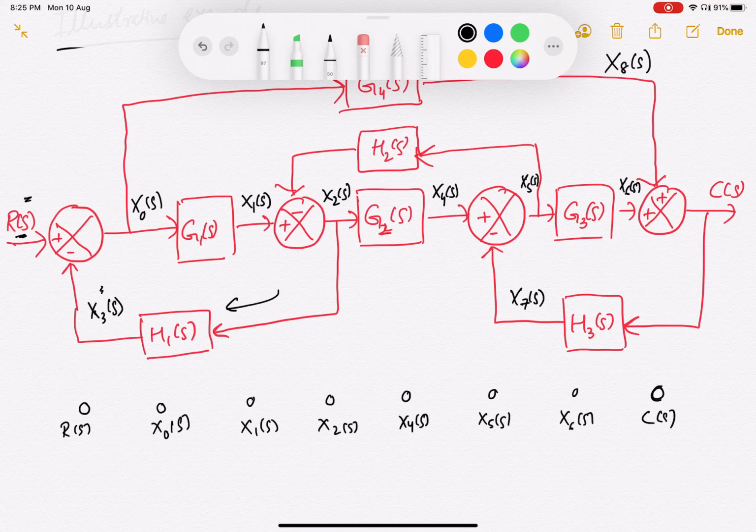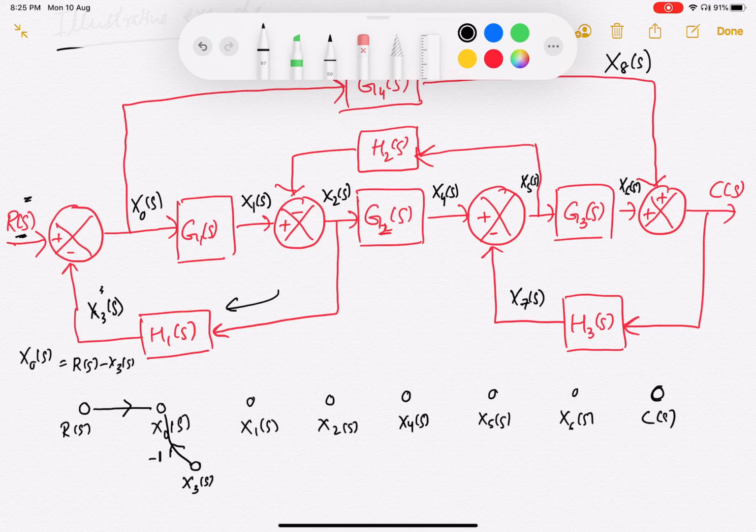Okay. So RS and X0S, you just have basically RS getting added, because from this you can see that X0S is actually RS minus X3S, right? So that means to make X0S you have to add RS and you have to add X3S, right?